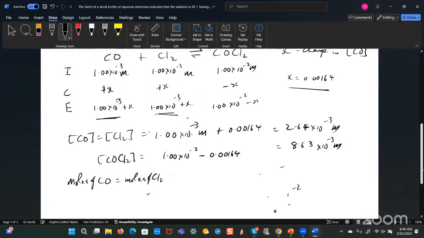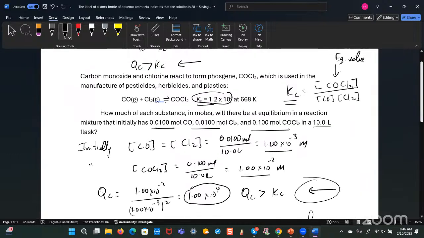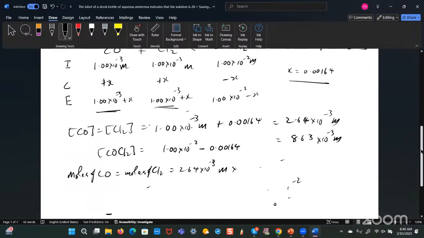That will be equal to the molarity, which is 2.64 times 10 to the minus 3 M multiplied by the volume, which is 10 liters, right? So multiplied by 10.0 liters. So that would be 2.64 times 10 to the minus 2 moles.